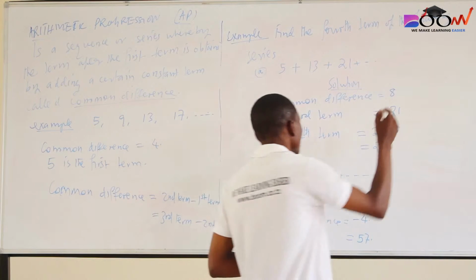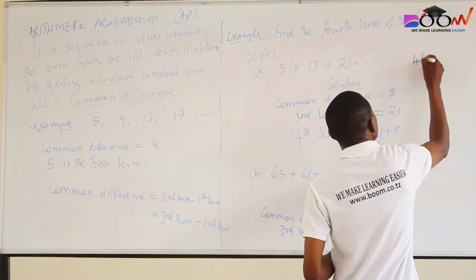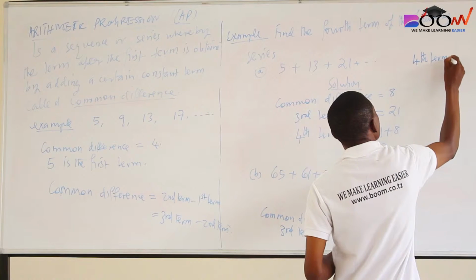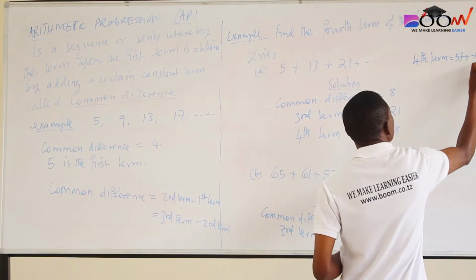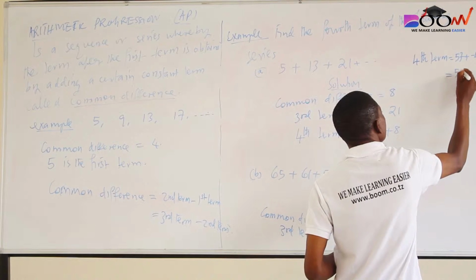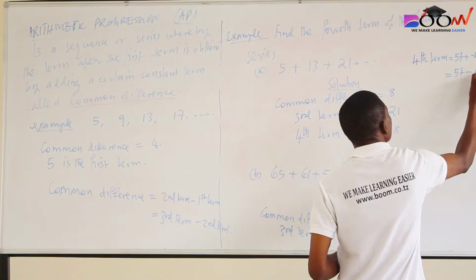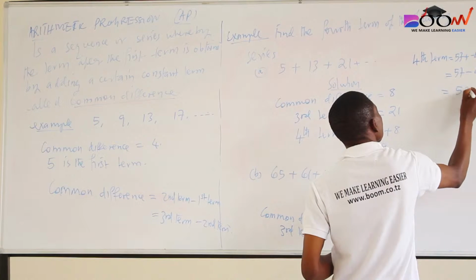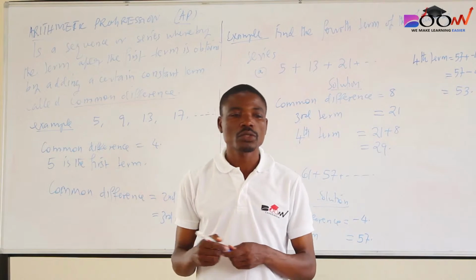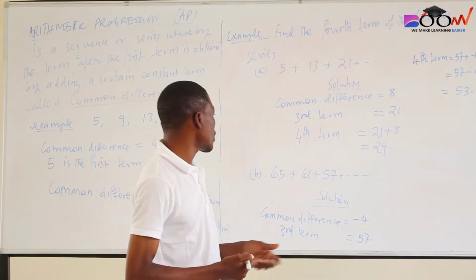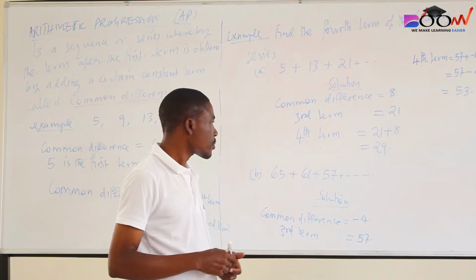So in that case, our first term will be equal to 57 plus our common difference, which is negative 4. The same, take now 57, take away 4. So it becomes now 53. This is how to find the positions of the number.